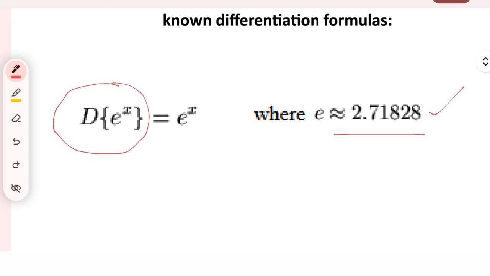The derivative of e to the x is e to the x. In my days, I always tell my students that e is 2.72, so I would let them round it off, but the actual value is 2.71828. So the derivative of e to the x is e to the x.